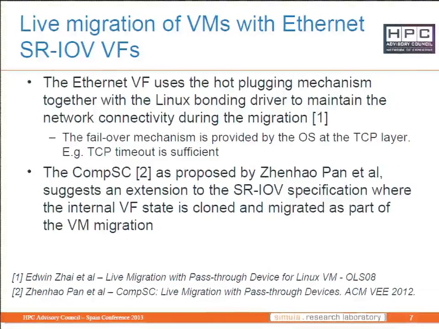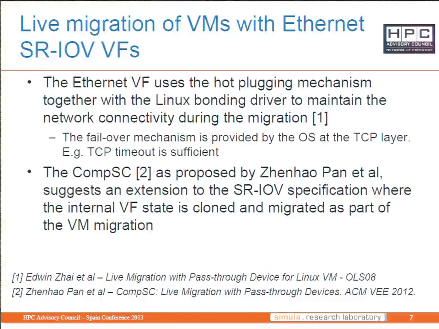And when it comes to migration, they need to detach the virtual function to move the virtual machine over, and the connectivity goes through the paravirtualized or the emulated device. This device's internal memory state can be copied easily.